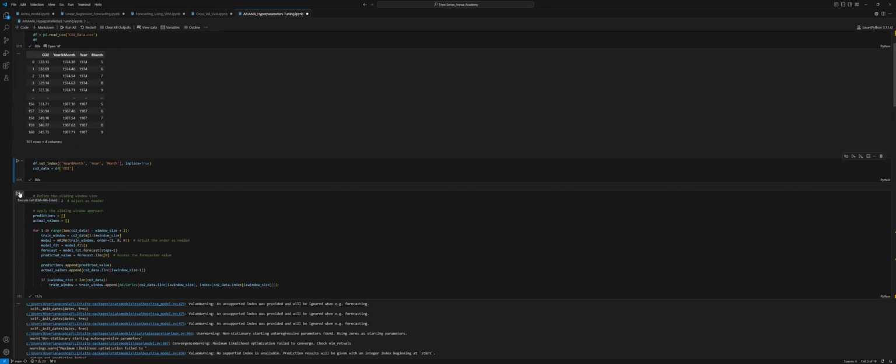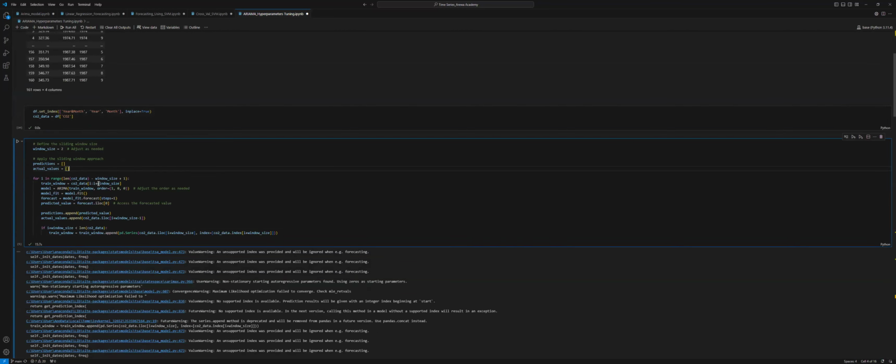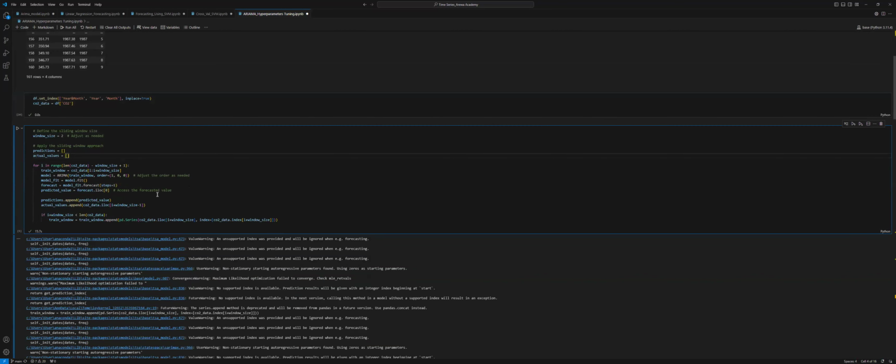So now I'm applying a sliding window. We have created lists of predictions and actual values, and I have used a for loop. As in the previous one, we take our train window and our data frames.